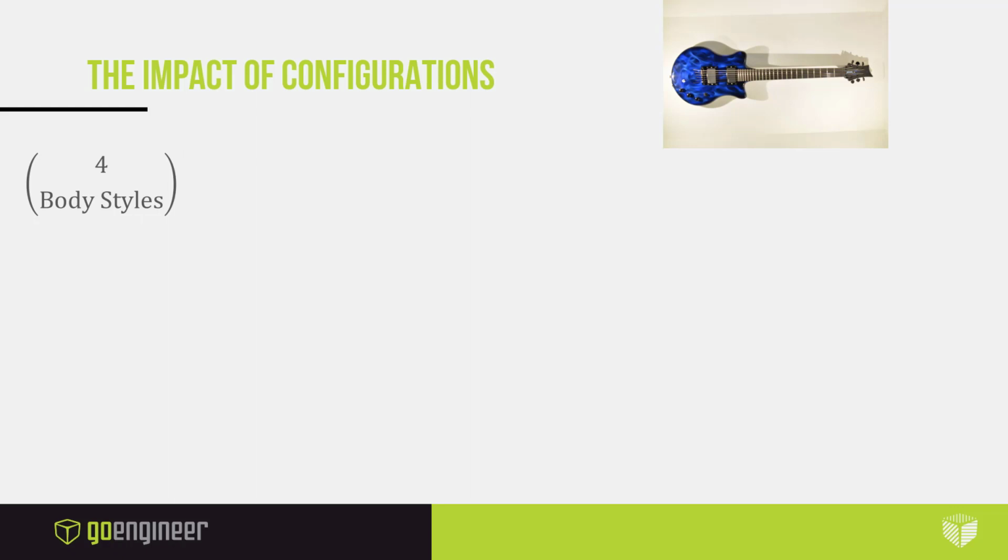We'll see that in here, but a different example. But 4 different body styles to choose from. 3 different pickup styles. So there's a dual humbucker, a single coil, all of them, and a single coil and a humbucker. 2 different headstock styles. You'll see the Element has the rounded one, and I think the other 2 have the sharp.